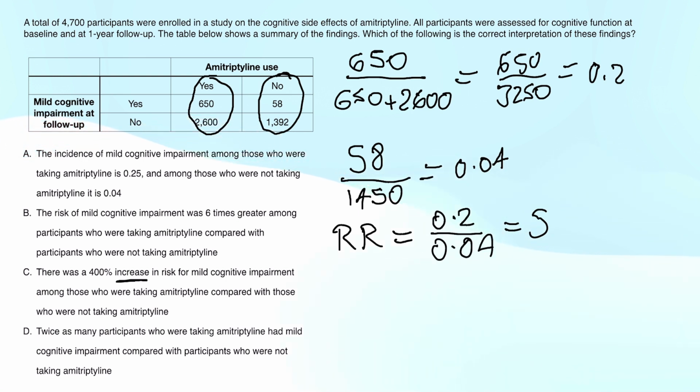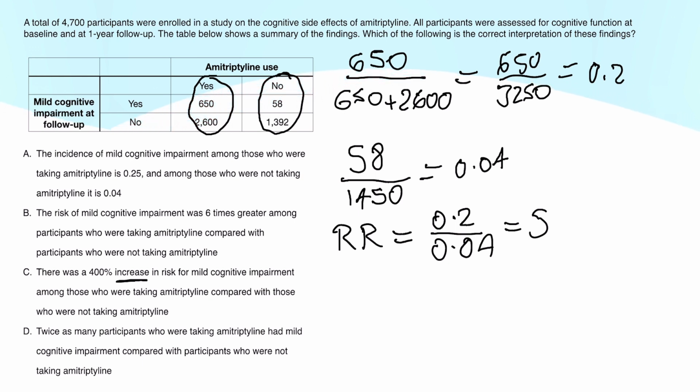So the difference between 500% and 100% is 400%, which means there is a 400% increase in the risk for mild cognitive impairment. Now, another way you could think about this is that a 100% increase in mild cognitive impairment would double the incidence.